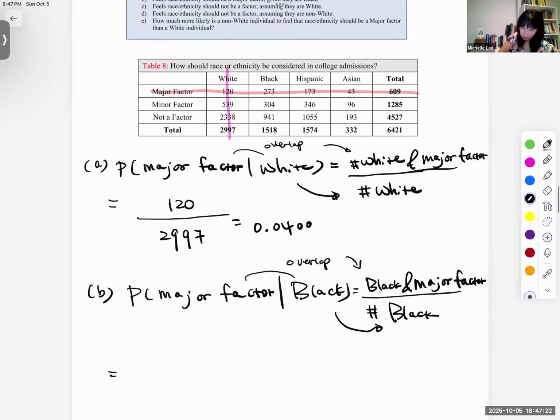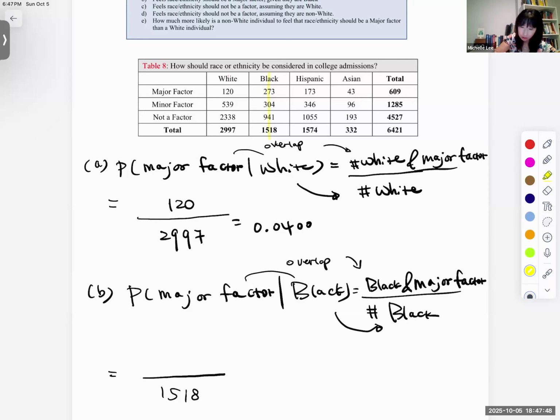Okay, so black, which is that column. So 1518, and then overlap, black and major factor here.